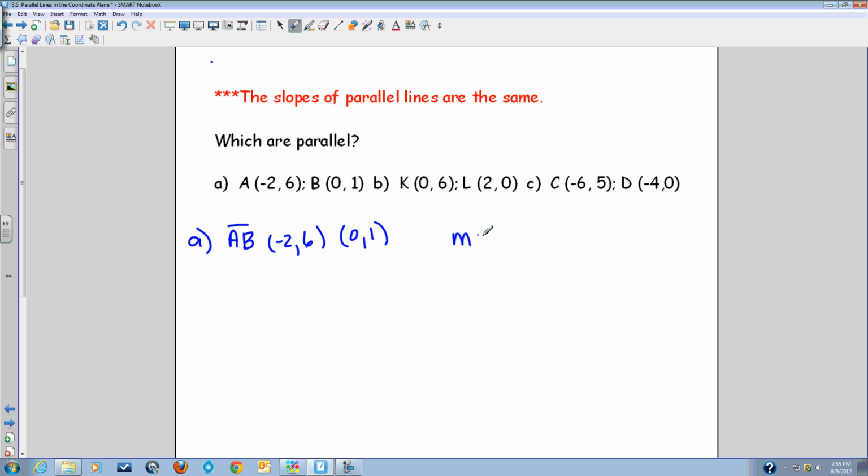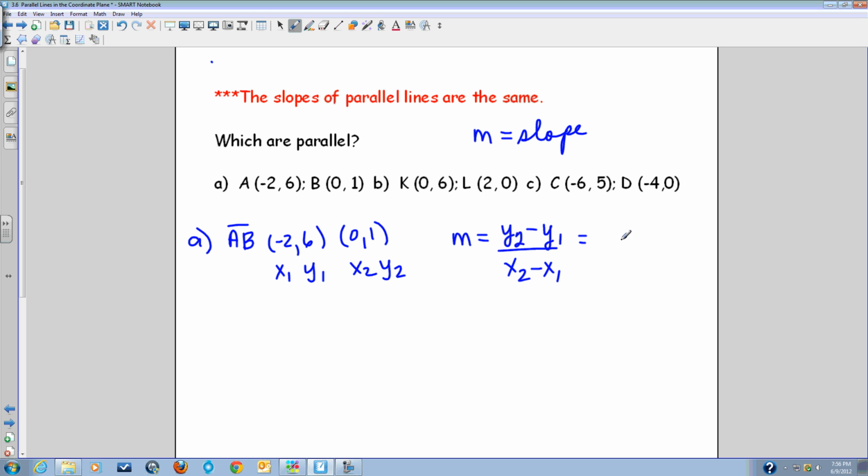By the way, M stands for slope, and I'm going to be using that quite a bit in place of the word slope, so we don't have to keep writing it out. M is the symbol for slope. The slope is equal to y2 minus y1 over x2 minus x1. So let's plug our numbers in. x1, y1, x2, y2.